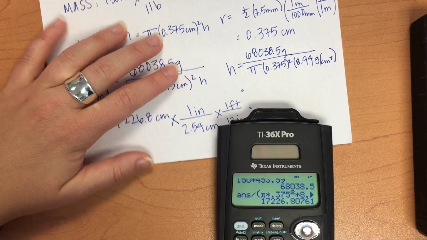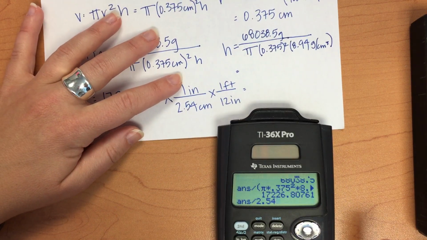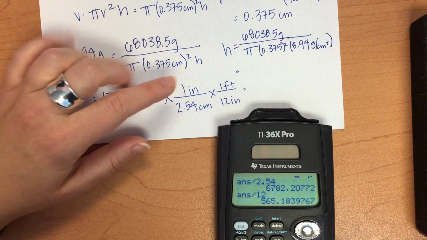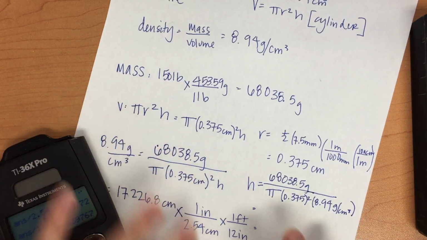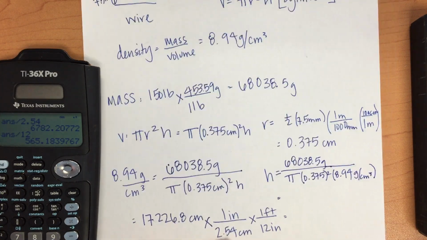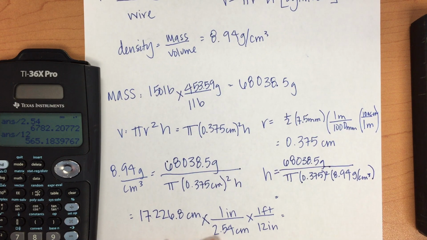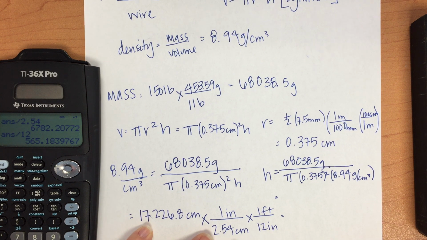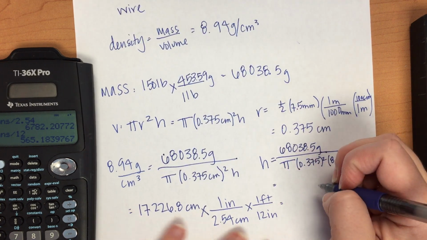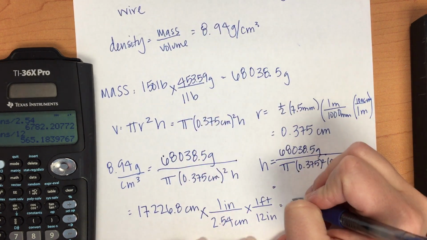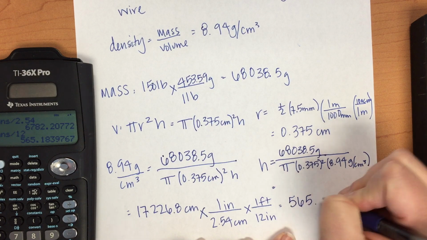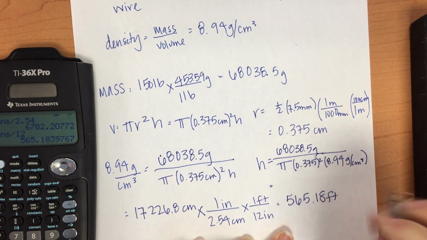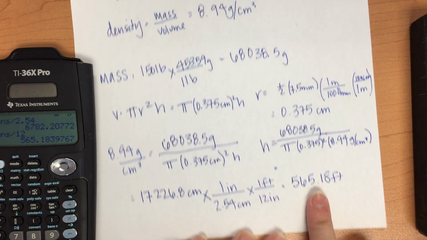And so we can divide this value and get 565.18 feet.